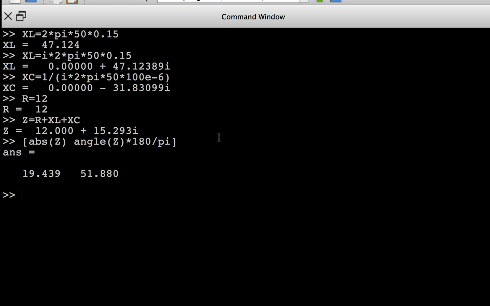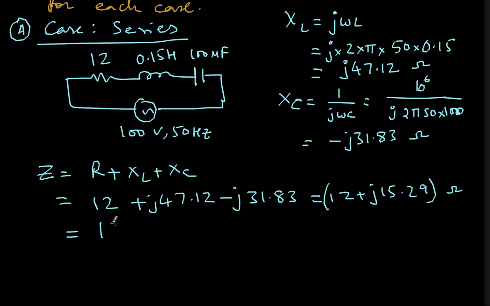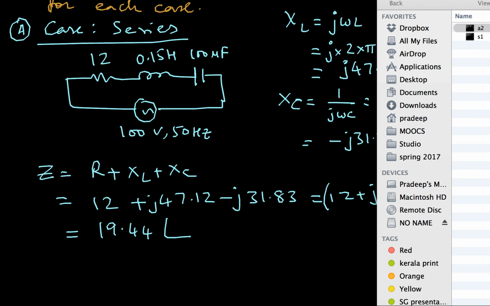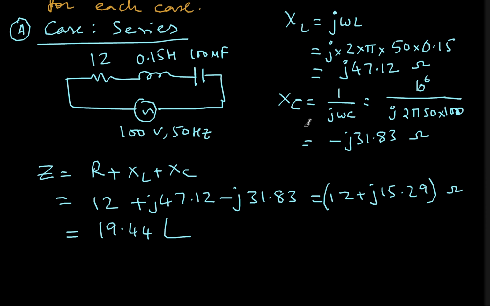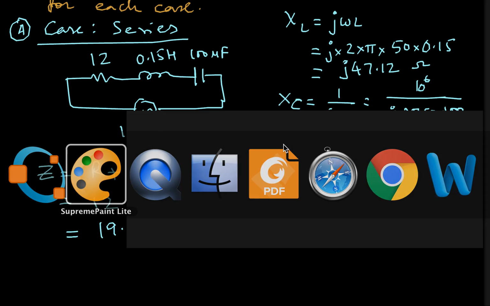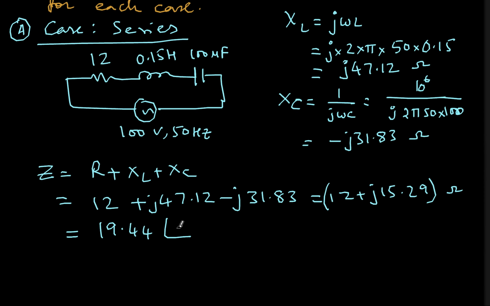So I'm getting 19.44, and then 51.88. So this is the impedance, 19.44 at an angle of 51.88. So notice the angle is positive. Why is the angle positive? Because here it is inductive reactance. So this is positive.